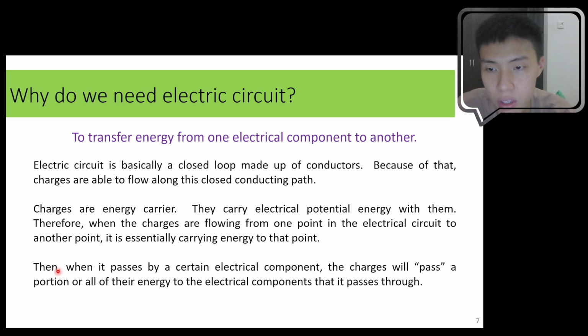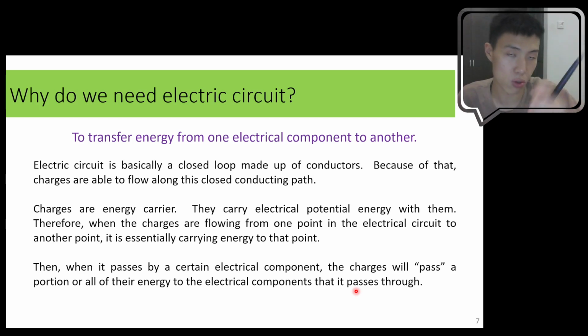Okay, so when it passes by a certain electrical component, the charges will pass a portion or all of their energy to the electrical component that is passed through. So let's say I bring the 6 joule energy to somewhere before entering the resistor. Once I pass through the resistor, because the resistor possesses some resistance, it's going to take up some energy from the charge.